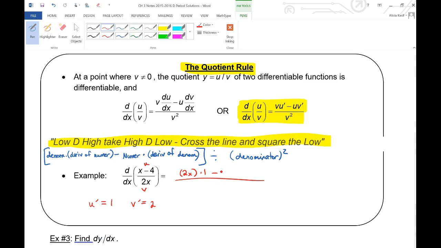Take means subtract. Anytime you see high, it equals the numerator. Low equals the denominator. And D means take the derivative. Take is subtraction.